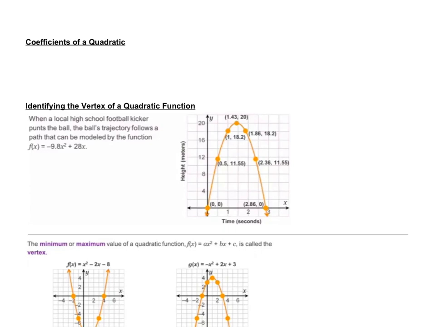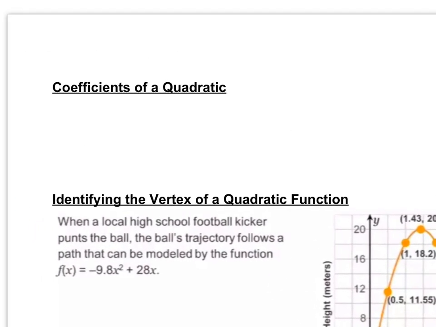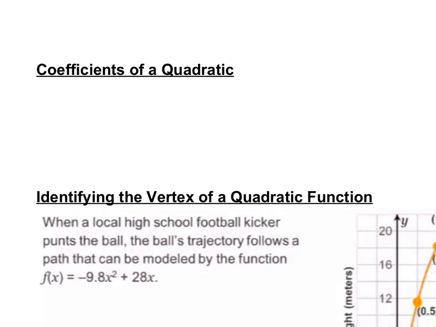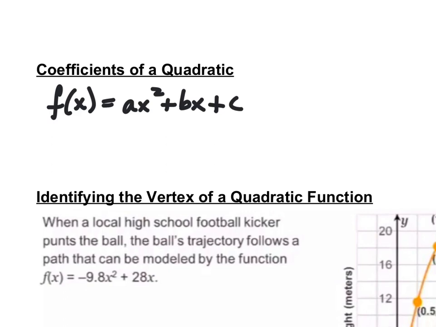Before we move on, I do want to talk about the coefficients of a quadratic. Whenever we write a quadratic of the form f of x is equal to ax squared plus bx plus c, a is your leading coefficient.